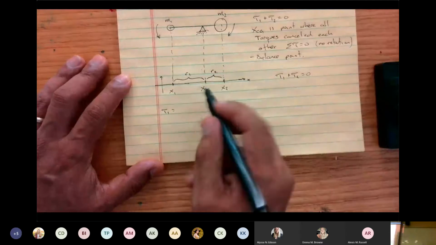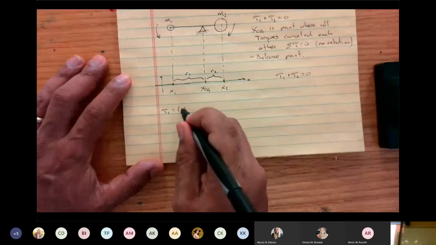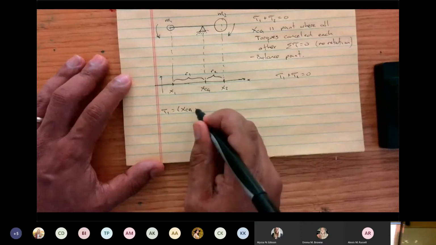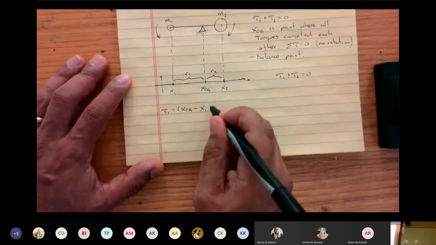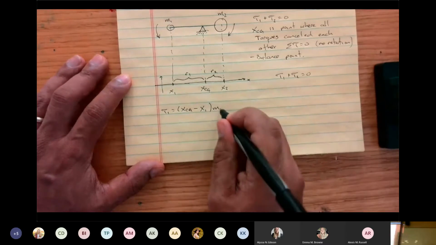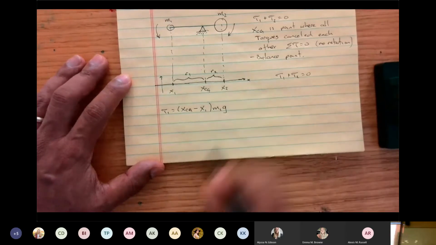So R1 is going to be the position of the center of gravity, which I don't know, minus x1, and that times mass 1 times gravity.